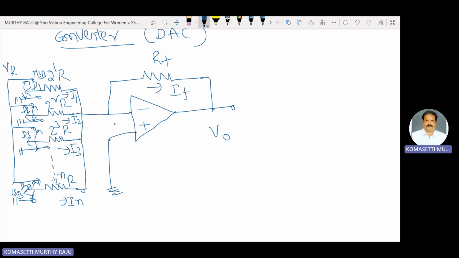According to the virtual ground concept, the voltage at the inverting input is equal to 0, so the current flowing through it is also 0. The total current here is high.